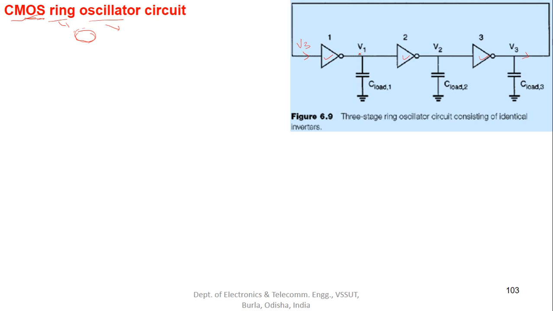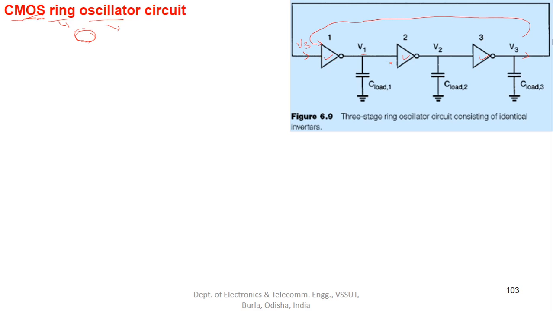This V1 is the output of the first inverter, that also forms the input of the second inverter, and V2 is the output of the second inverter, that also forms the input of the third inverter. The third inverter has an output V3 that is connected to the input of inverter number 1.